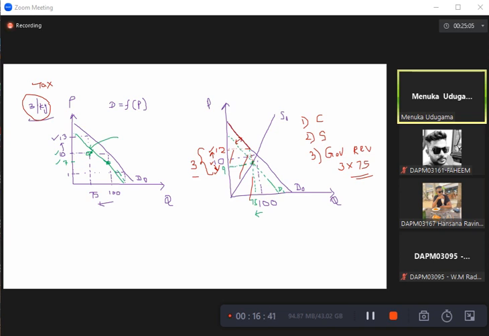3 times 75 is the revenue that the government earns from this tax. Right, so that's just one instance or scenario. What would happen if you impose a tax? So you can do a similar analysis for a tariff. For example, if imports and exports are involved, international trade is involved, then what would happen to the economy if you impose a tariff, a tax on goods and services traded internationally, right?